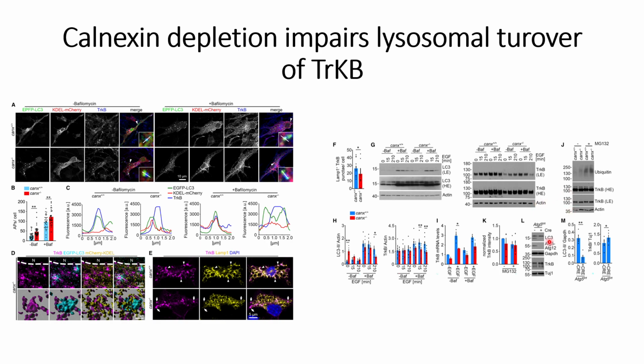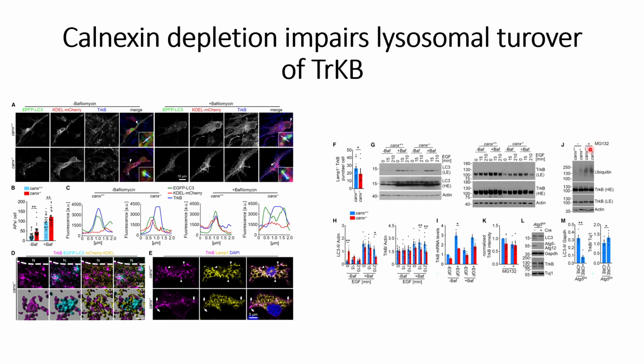So they prepared a cell system where they used a marker for proteasomal degradation, MG132, and checked the amount of TrKB in the presence and absence of MG132.